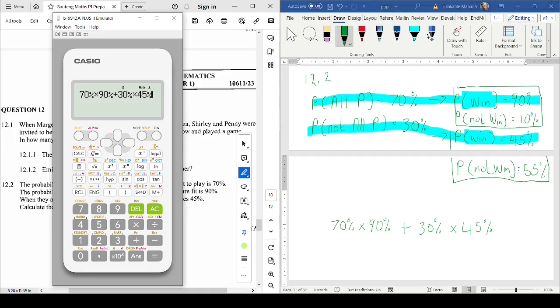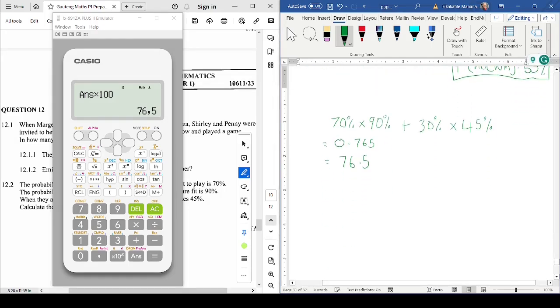Just like that. What do we get? Okay, now remember, this is a decimal, 0.765. But if I want to convert it to a percentage, I have to say times 100. Then I get 76.5 percent. That is my final answer.